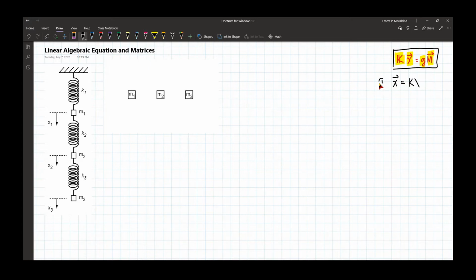So this is one way. So that's x equals k backslash g times m. Okay, so that's one way.